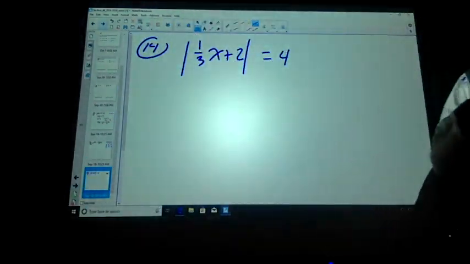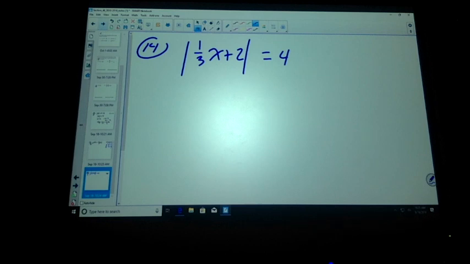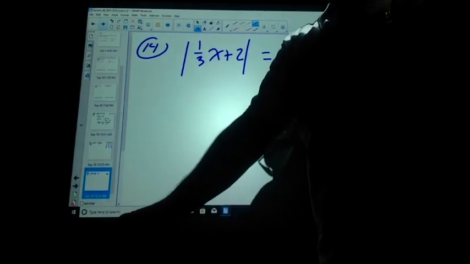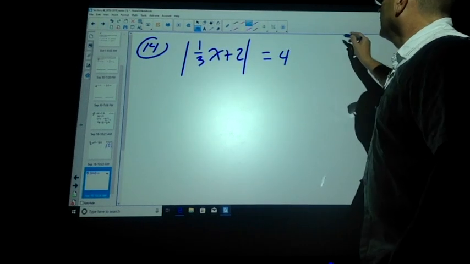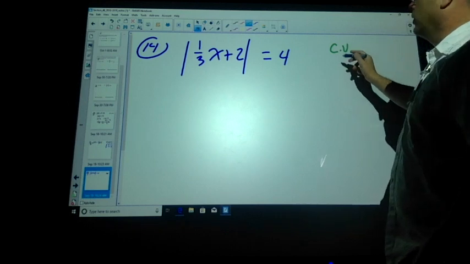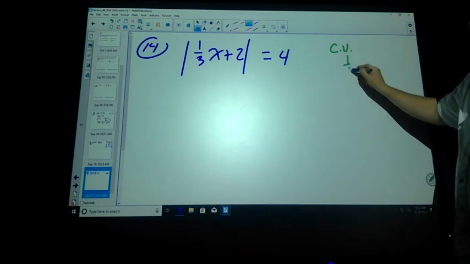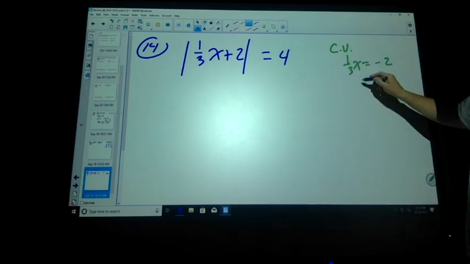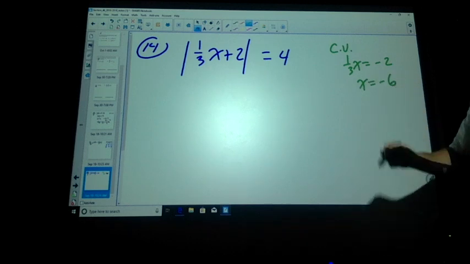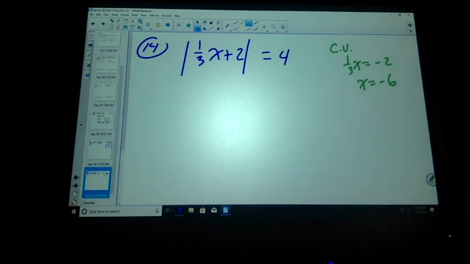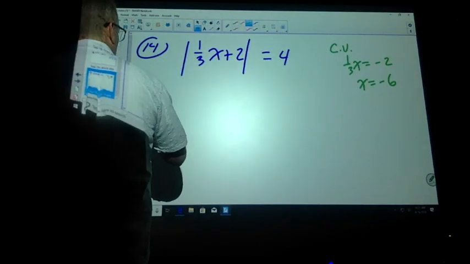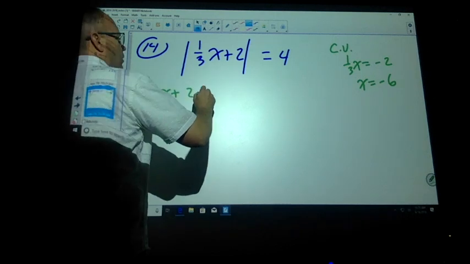All right, so the instructions say solve each of the following absolute value equations. Include your number line sketches. It's not asking for the critical value yet, but we'll just keep solving it for this. That's the point that we will be equidistant from. Agreed? So if I solve this, I'm going to break this down to 1/3 x plus 2 equals 4.